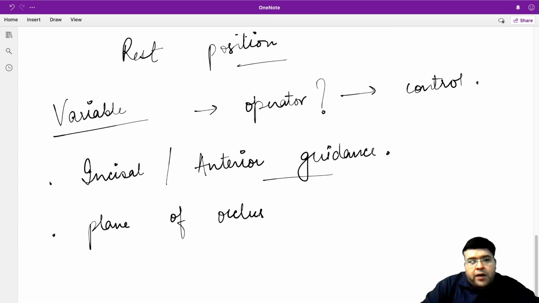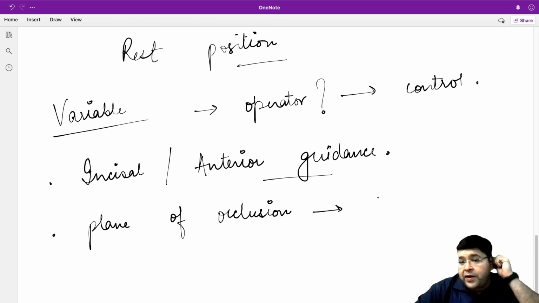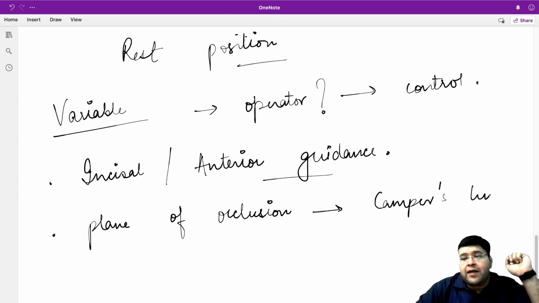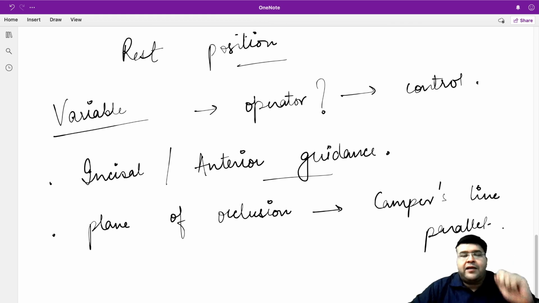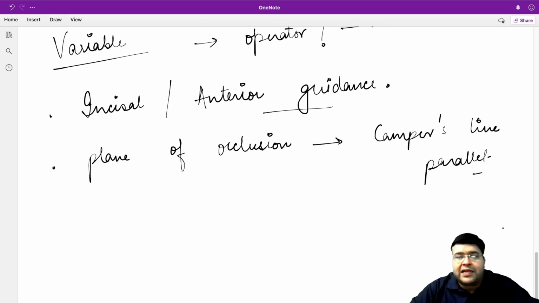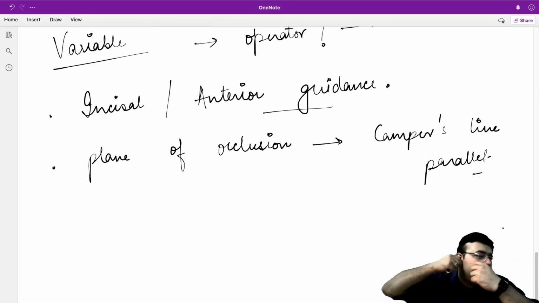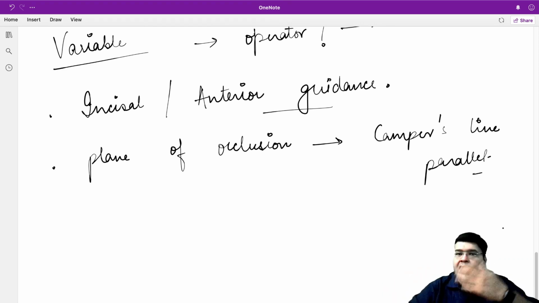Now, when you talk about the plane of occlusion, we all know that the plane of occlusion should be parallel to the Camper's line. We all understand this, but that is what I discussed. How do you decide this line? You put a thread into your plaster or pumice and put it across the patient's face, and after 10 minutes you have plaster all over the right side or the left side of the patient.